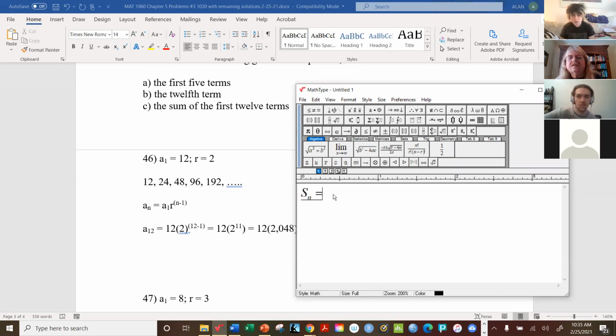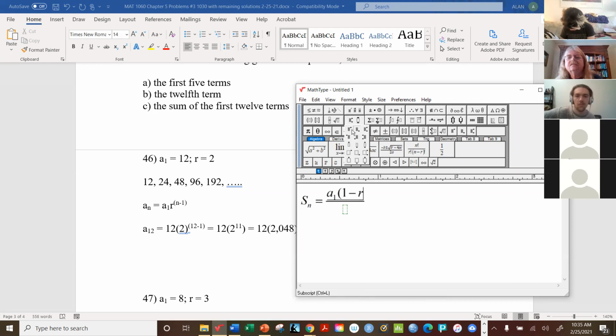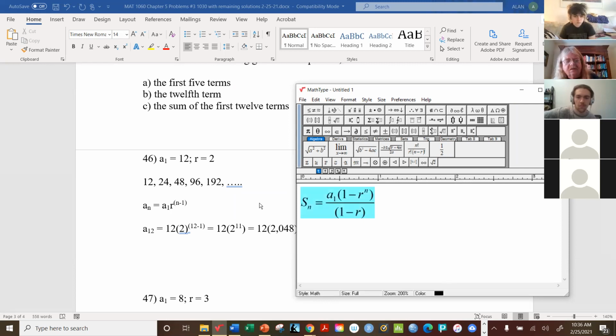And that ratio is a_1 times 1 minus r to the n power, all over 1 minus r. So you don't need to figure out the nth term with this formula, but it is a bit messy. We may end up with enormous numbers when we do this, which is okay. It's not the end of the world.